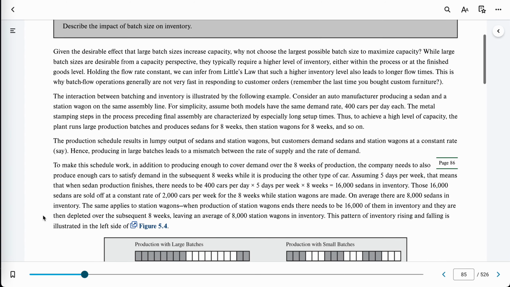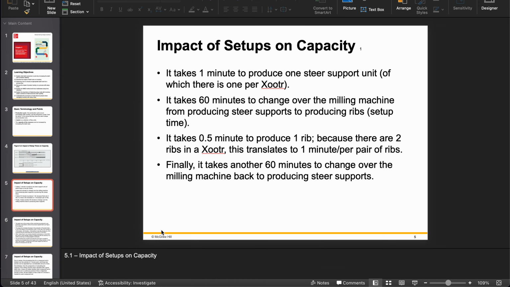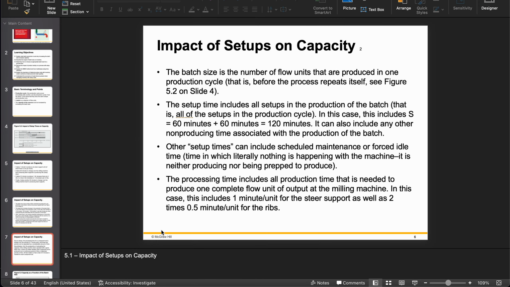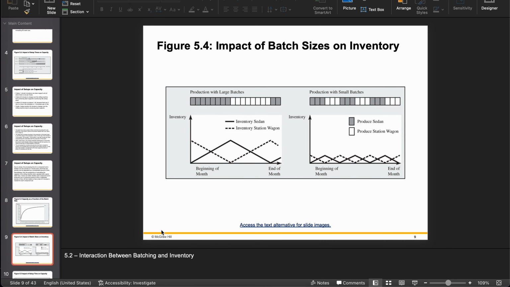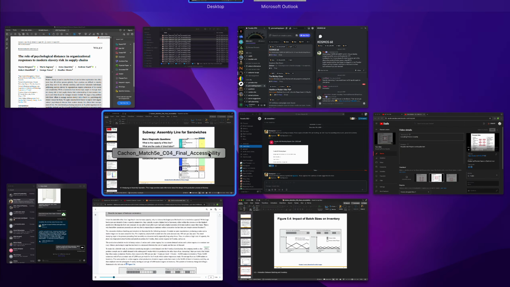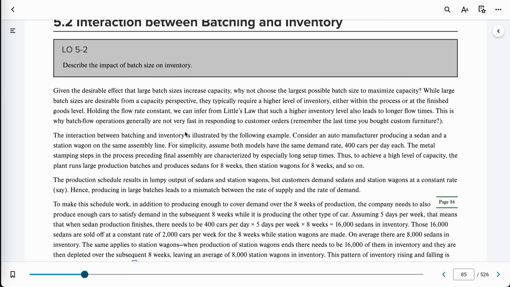Let me go back here. Why not just produce large batches? What's the difference between producing large batches and producing smaller batches? This is the example you were looking at. Let's say that Toyota is manufacturing station wagons and sedans.